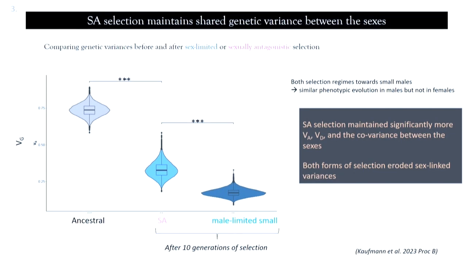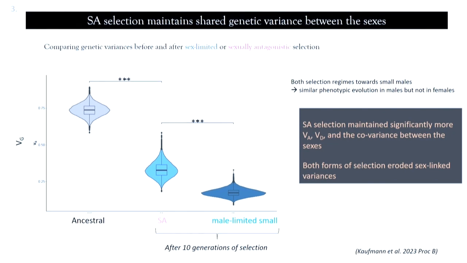Our first work here was repeating the pedigree analysis with new pedigree data collected after the selection was finished from these selection lines. And we could compare the ancestral genetic variance to how much genetic variance we could detect after finishing this sexually antagonistic and male-limited selection.